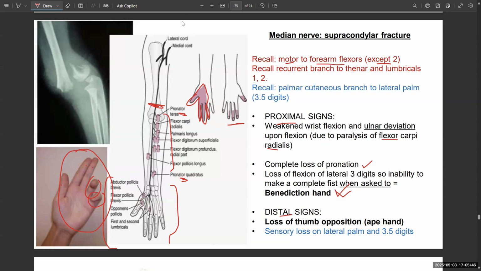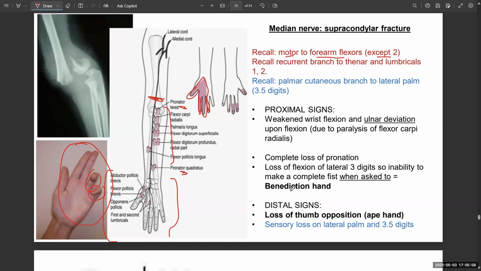Now, there wasn't any detail on benediction hands in the slides. However, I will give you the details just for your knowledge. And hopefully that makes sense as well. So the benediction hand is caused by the median nerve injury, right? And the patient can't flex the thumb, he can't flex the index, and he can't flex the middle finger.